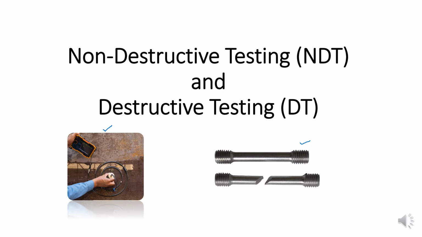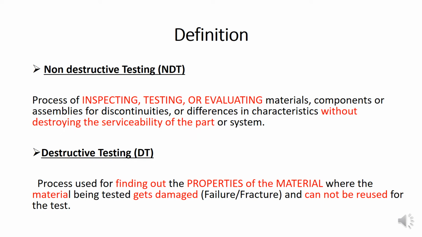As its name suggests, in destructive testing there is a failure or fracture of the component which is being tested. If we see NDT and DT in terms of their definition, let us start with non-destructive testing.